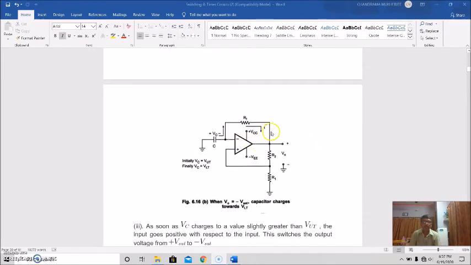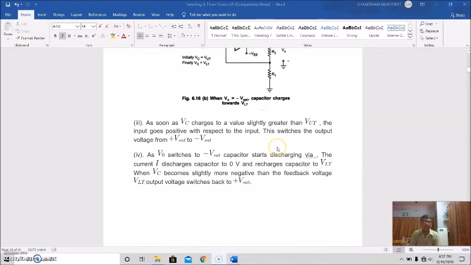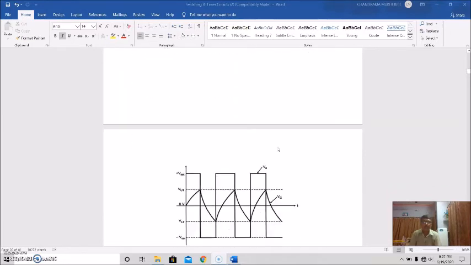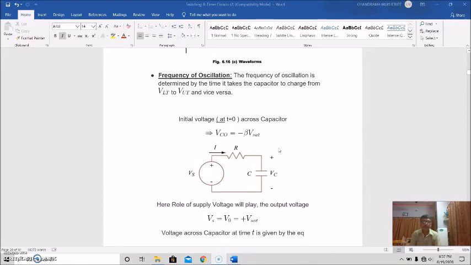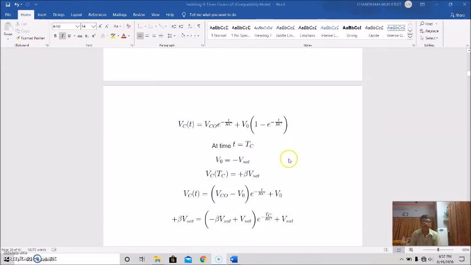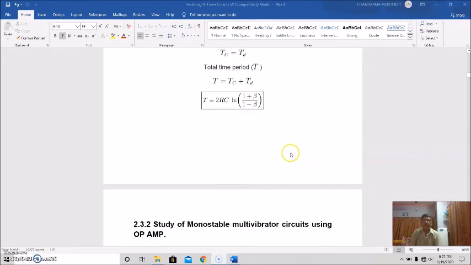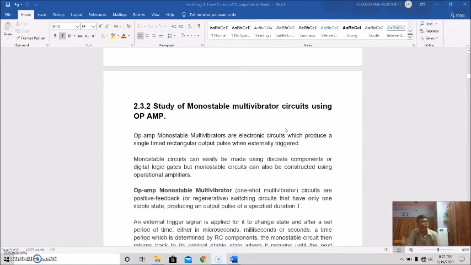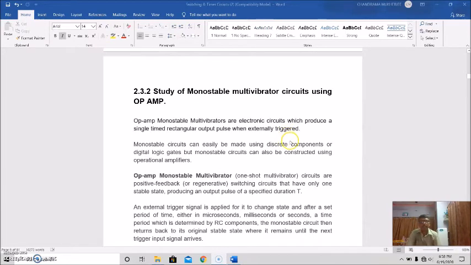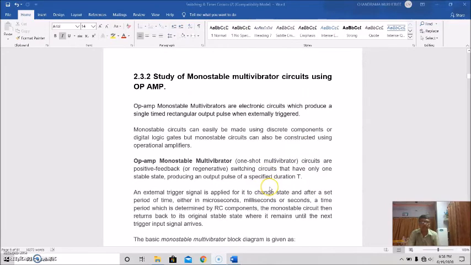This is the feedback part. So that's all about the astable. Then we discussed the monostable multivibrator, which is a one-shot multivibrator, or a regenerative one-shot multivibrator, actually.